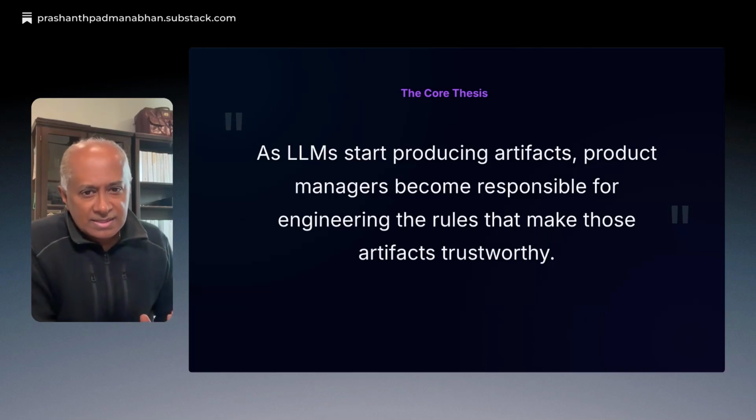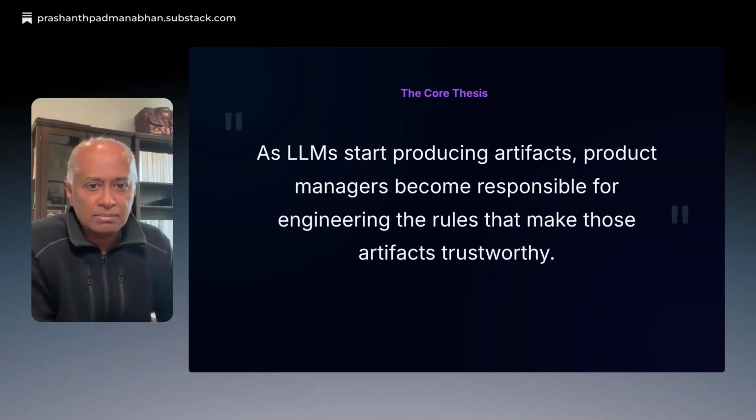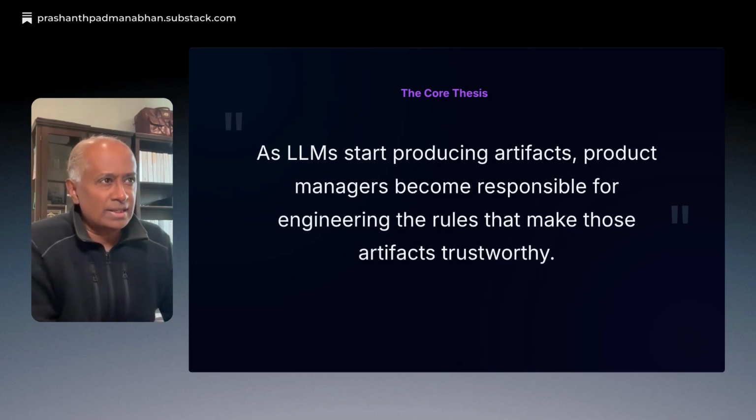So the core thesis is as large language models start producing artifacts, product managers become responsible for engineering the rules that make those artifacts trustworthy. This is what I want to call visualization engineering.